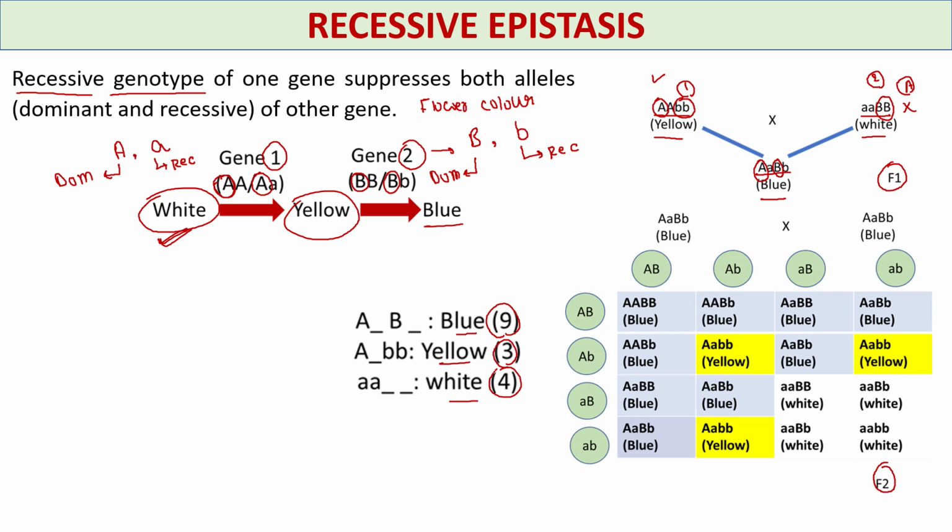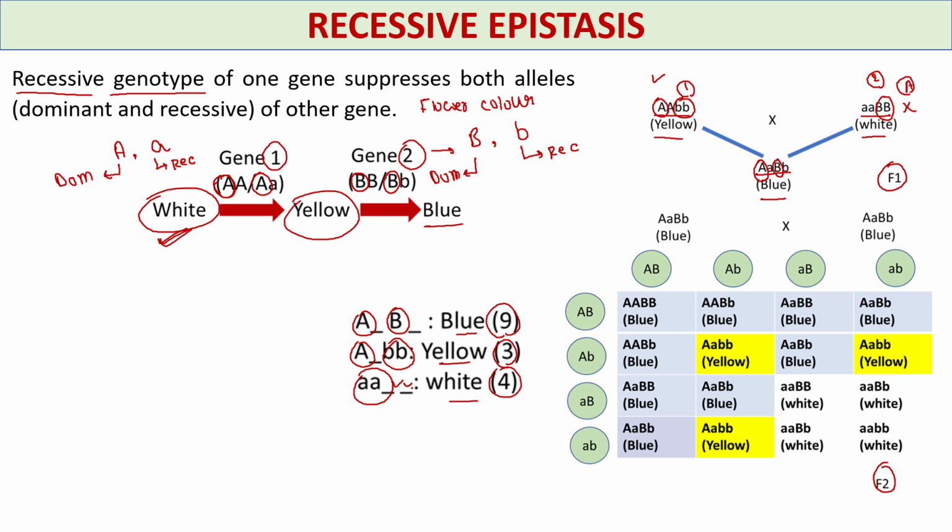All blue flowers have at least one capital A allele and one capital B allele. All yellow flowers have at least one capital A allele and two small b alleles. All white flowers have two small a alleles, no matter what alleles of gene 2 are present here.